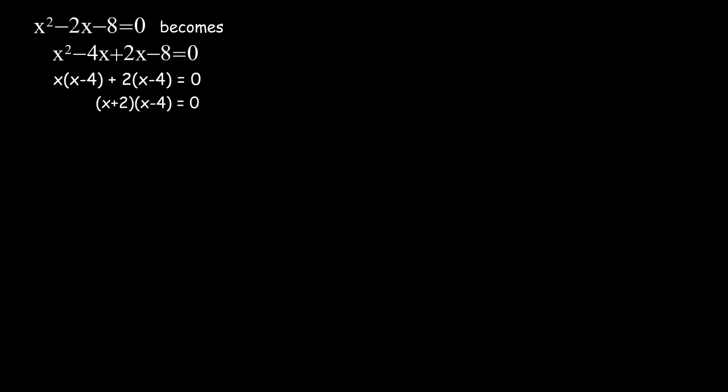Now for this equation to be correct, it's either x - 4 = 0 or x + 2 = 0. When x - 4 = 0, x will be equal to 4, and when x + 2 = 0, x will be equal to -2. So the values of x are 4 and -2.